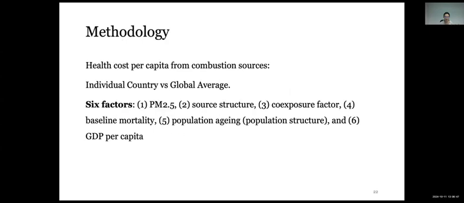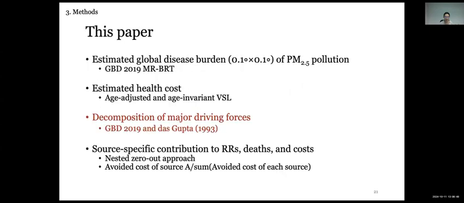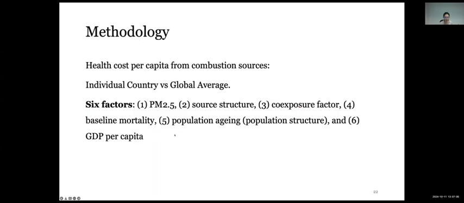Next, I wanted to talk about how we decompose the major driving factors. We basically used the methodology from the Global Burden of Disease 2019, which was originally developed by Das Gupta in 1993.